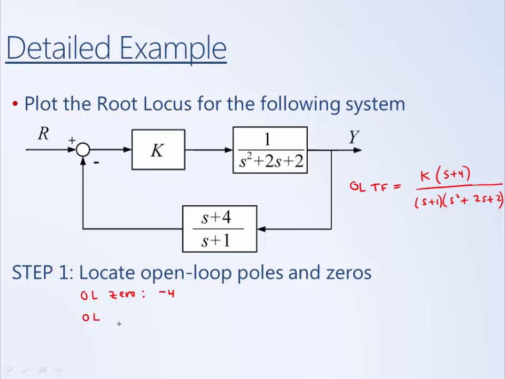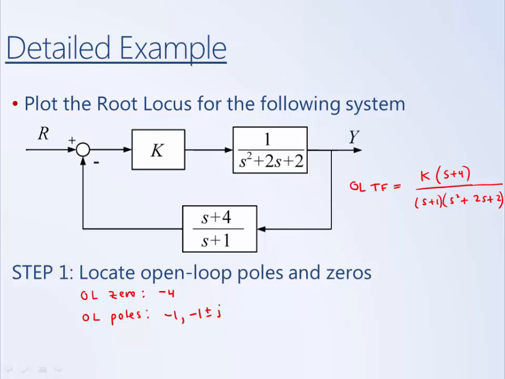We also have 3 open loop poles because we have a third order denominator. One of the poles is easy to see: the pole due to this term is just negative 1. The poles due to this term are complex conjugates, and they can be found by applying the quadratic formula. It turns out that they're equal to negative 1 plus or minus j. So these are our open loop zeros and our open loop poles.